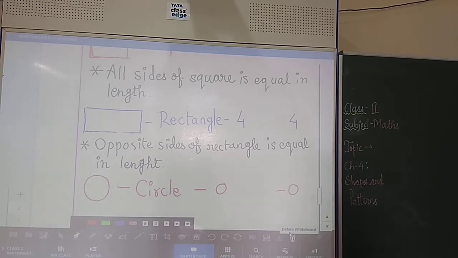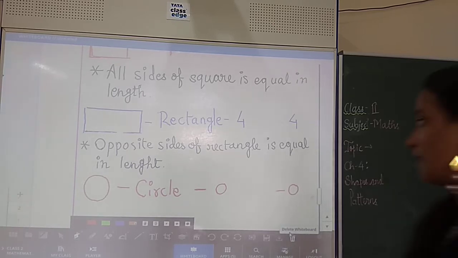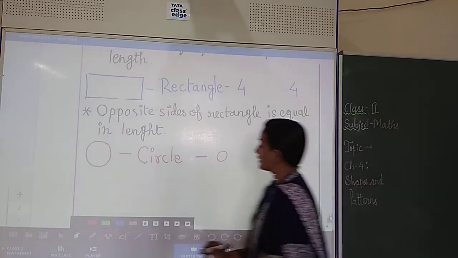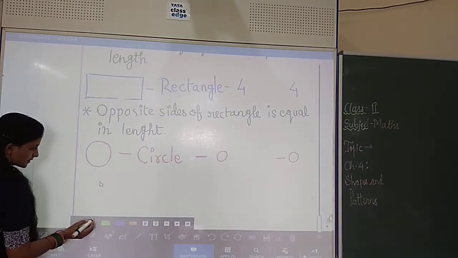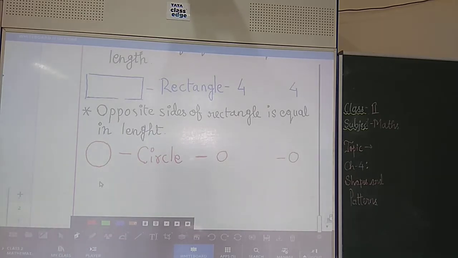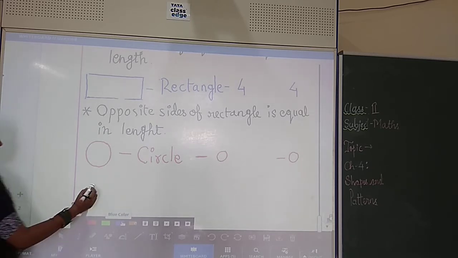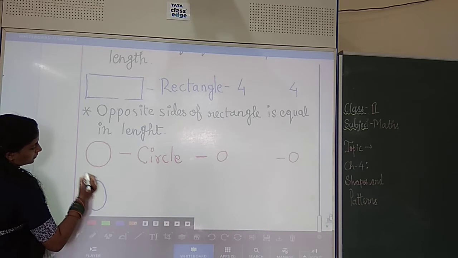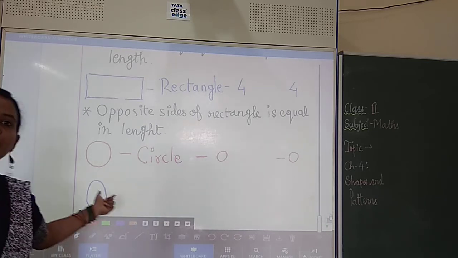Now, then you come to the next shape, that is, see, it's similar with circle only. Yes, it's little similar to the circle.